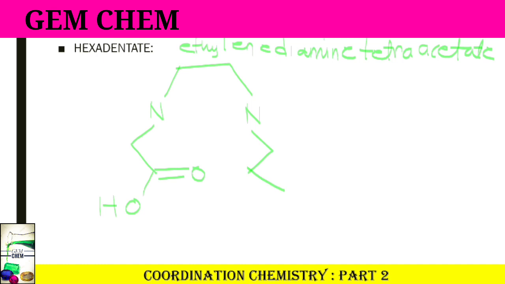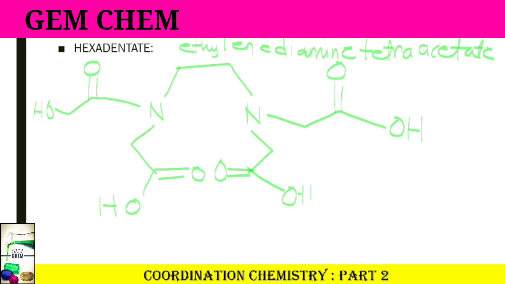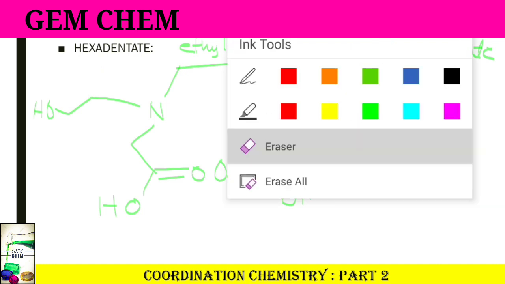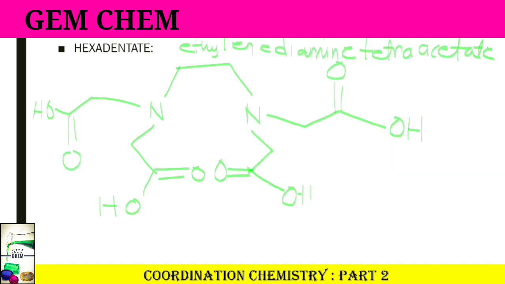Similarly here we have O, OH, double bond O, OH, double bond O, OH. Okay, there is one carbon which will be present here. Here there will be no double bond. The next carbon will have the double bond, right?